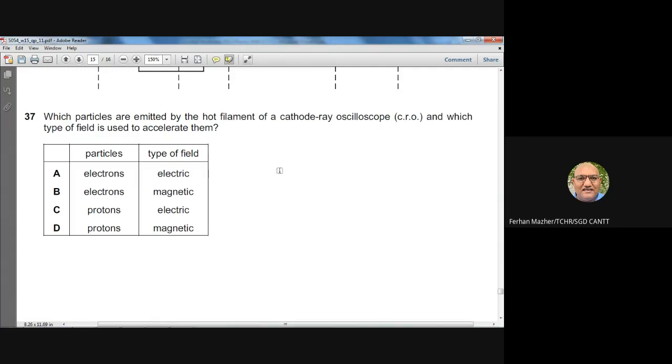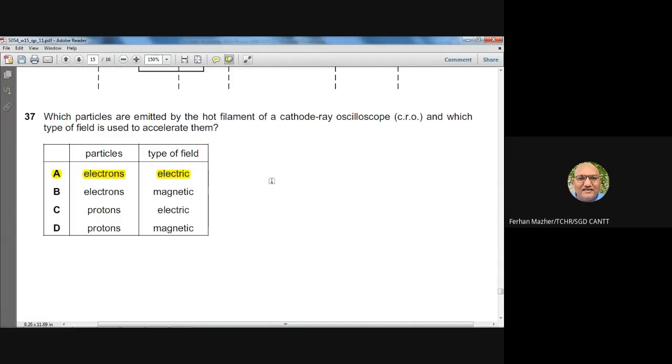So the electrons will be accelerated. This is the story of a CRO tube. The particles given out from a hot filament are electrons, and to accelerate them we use an electric field. So A is the choice.